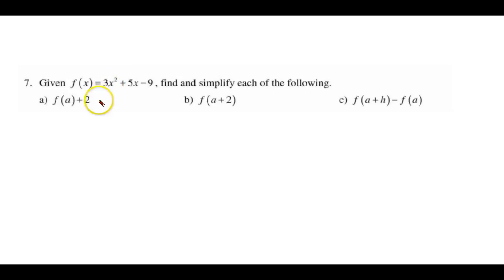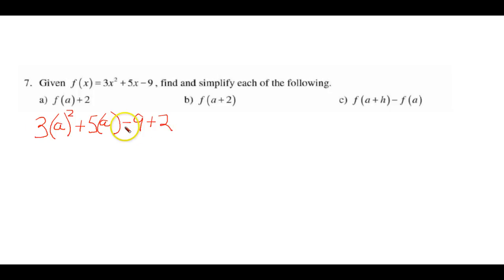So you can work along with me as I do some substitution. Letter A. So it'll be 3 times our x is a that we're going to square, plus 5, and x is our a, minus 9, and then we also have a plus 2 there.